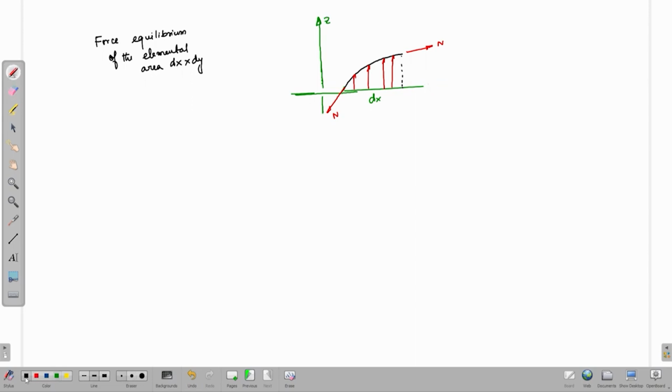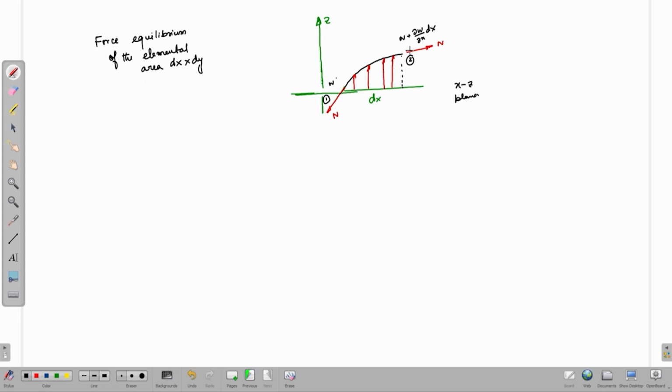so if I draw a portion of the elemental area in the xz plane, so W is this, this is not the edge, this is not the boundary. So, W is the out of plane deformation at this point 1, and thereby W plus del W by del x into dx is the deformation at point 2.